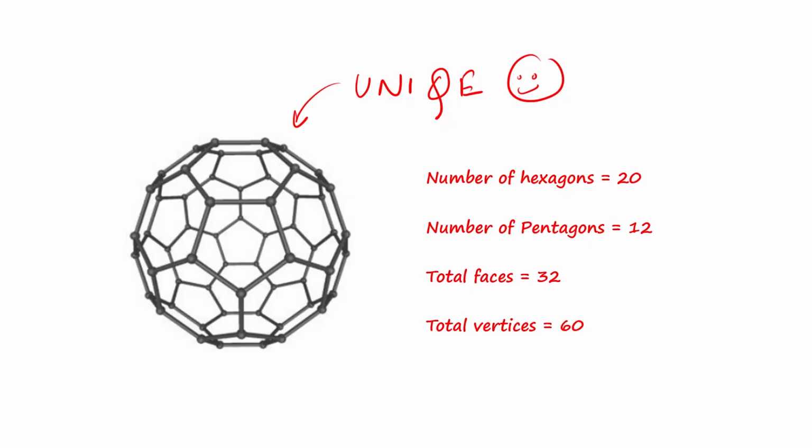Unfortunately, those pentagons are small voids. So this model had 20 hexagons and 12 pentagons. So the pentagons are fewer in number as compared to the hexagons. And this was very interesting to me. So I remembered this. So what is the number of faces? 20 hexagons, 12 pentagons, which is 32 total faces.